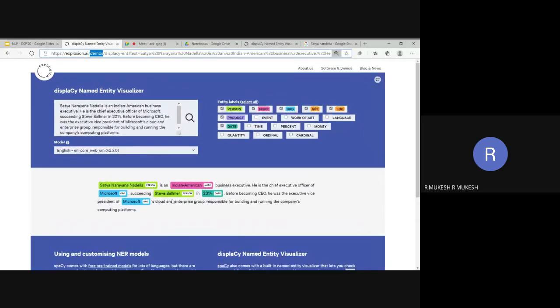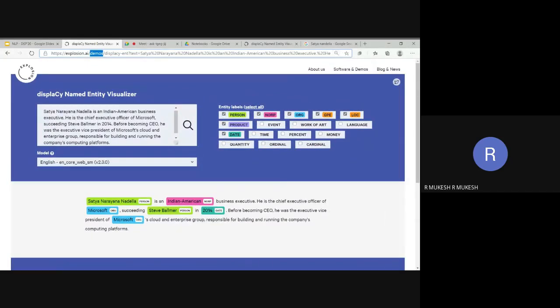You can see that the model has identified that Satya Nadella is a person. Indian American is a proper noun, or a nationality. Microsoft is an organization. Steve Ballmer is a person. 2014 is a date, and it has again identified that Microsoft is an organization.